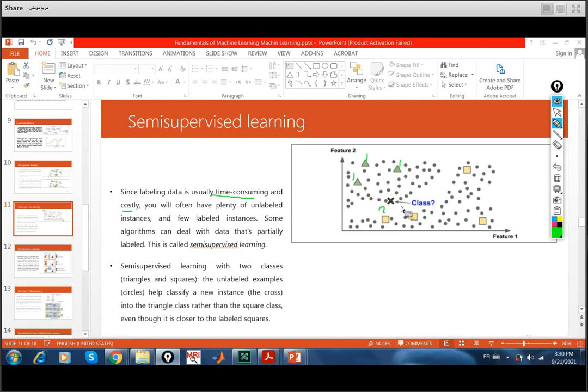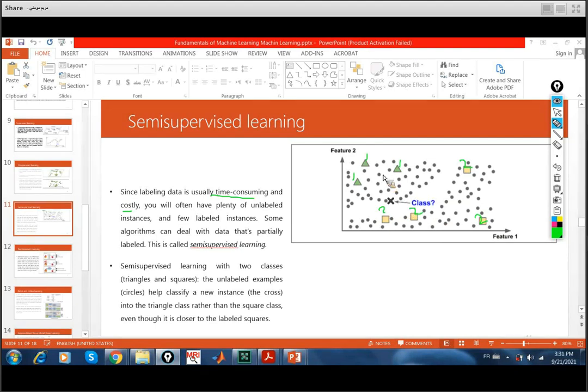Some of our data have labels, but some of our data don't. The triangles have labels, but the circles don't. The orange squares here are labeled, for example 2, but the circles around them are not.